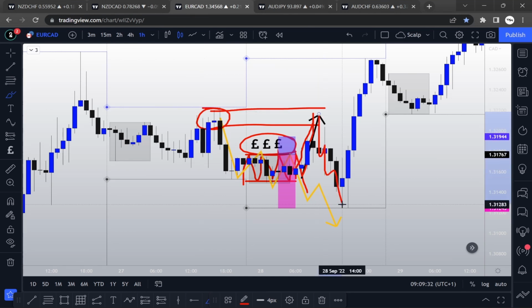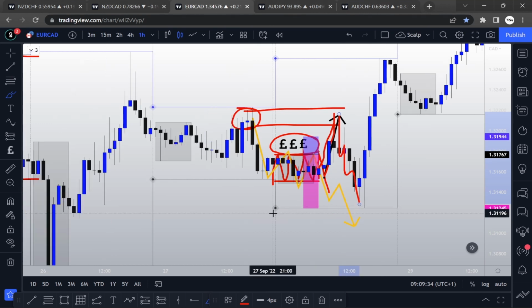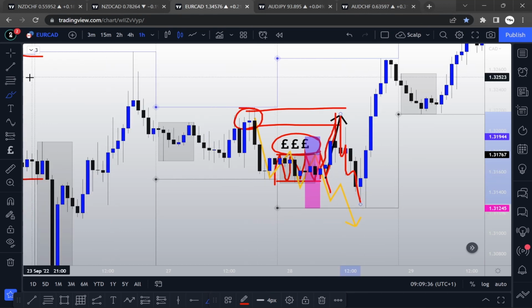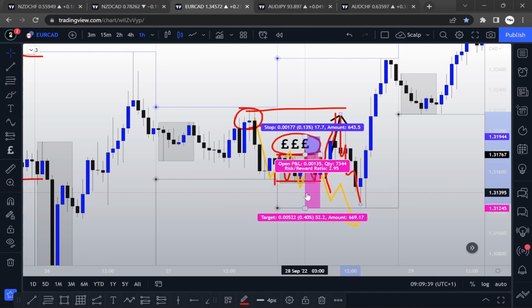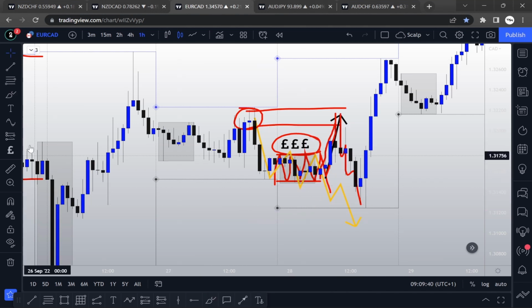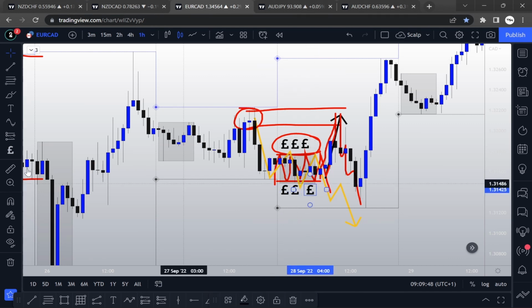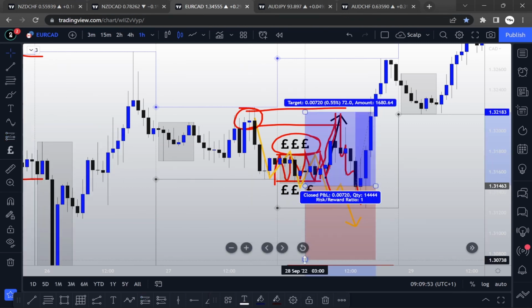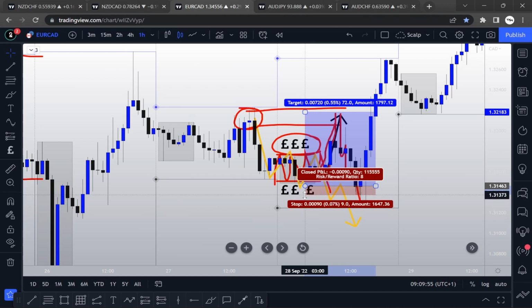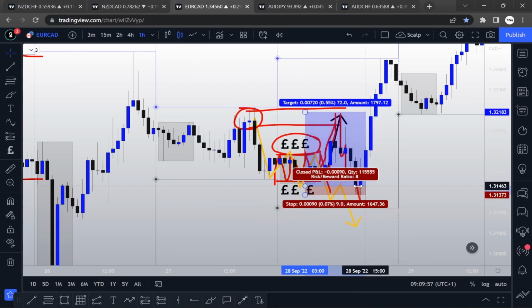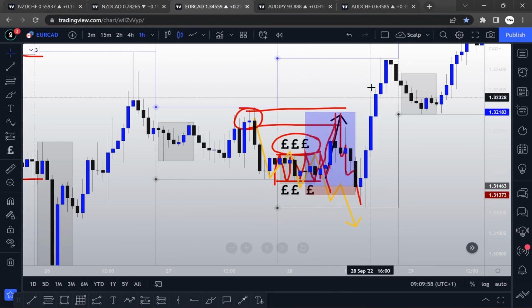But it wasn't finished then, because there are people who were also placing their stop losses at this level, right here, right here, right here, and right here. So they were placing their stop loss in this section just like so, in anticipation that the price is going to appreciate.